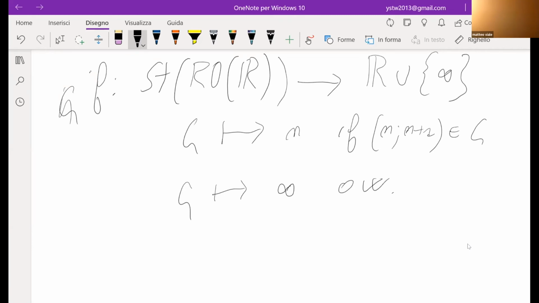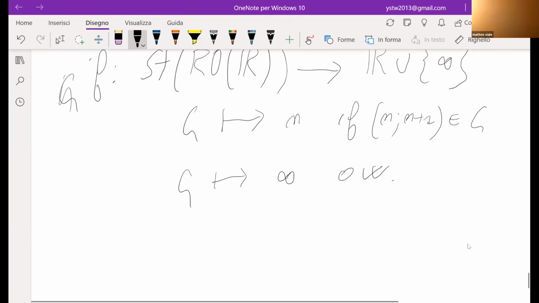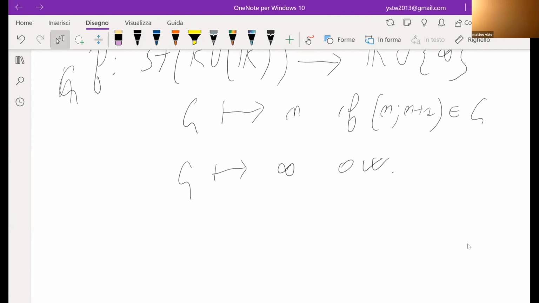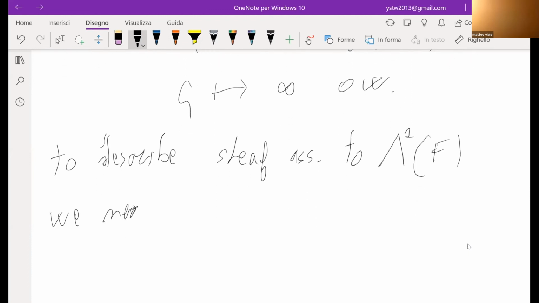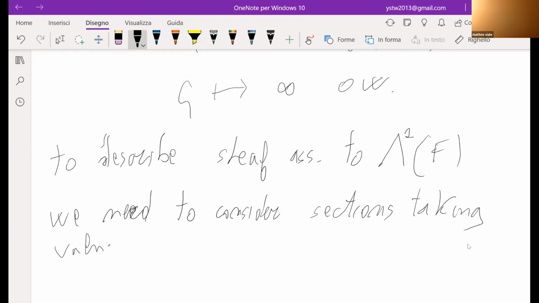So what happens is that in order to describe the sheaf associated to lambda 1 F, we need to consider sections taking values in lambda 1 F union infinity, which makes sense because lambda 1 F is locally compact, so it admits a one-point compactification.